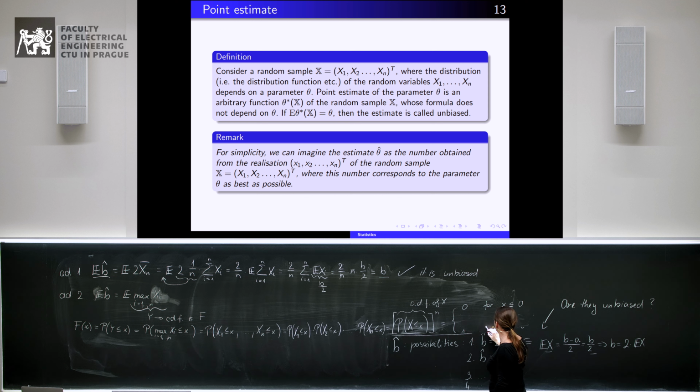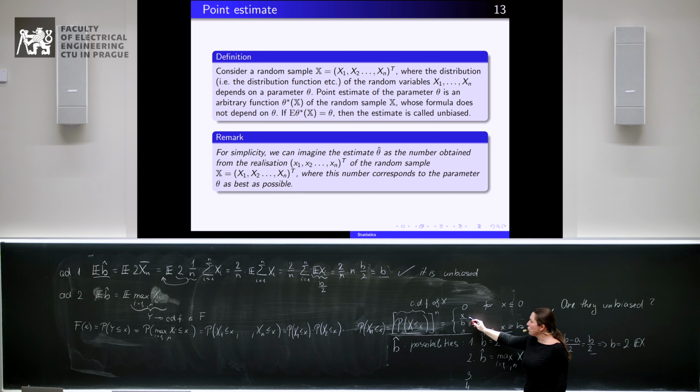It is equal to 1 for x greater or equal to b, and it is equal to (x minus 0) over (b minus 0) otherwise.